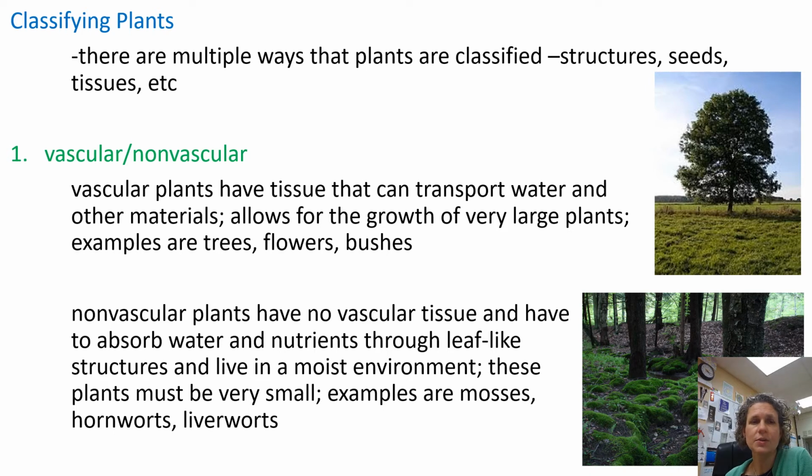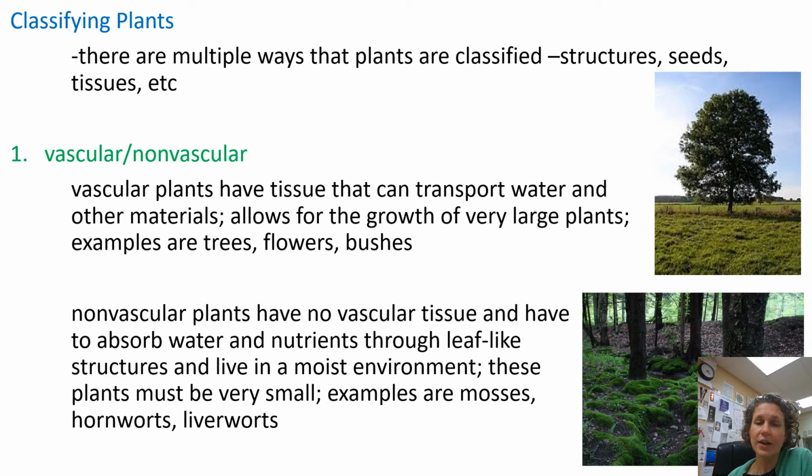The redwoods, those are vascular plants because they have the ability to carry water from their roots all the way up to the highest leaf. And so trees, of course, flowers, bushes, typically what you would say is a plant, you're most likely describing something vascular.